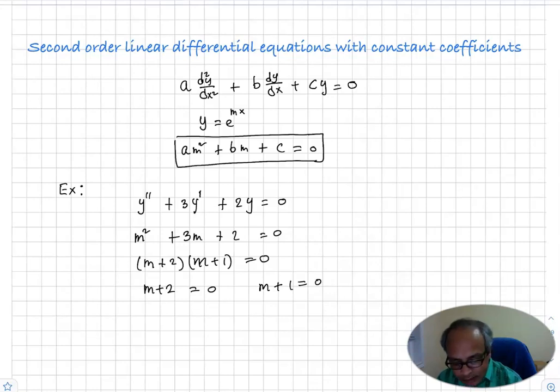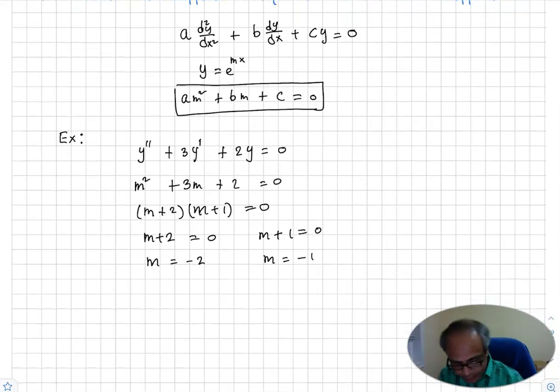So this leaves you with m equals minus 2, m equals minus 1, and hence you have two solutions. One is e to the power minus 2x, and the other is e to the power minus x.